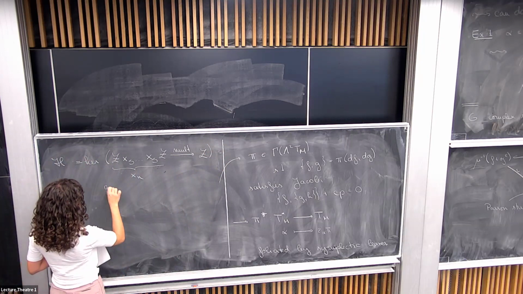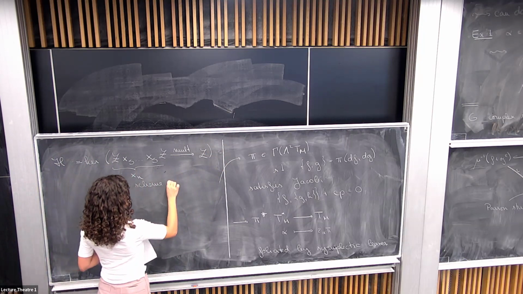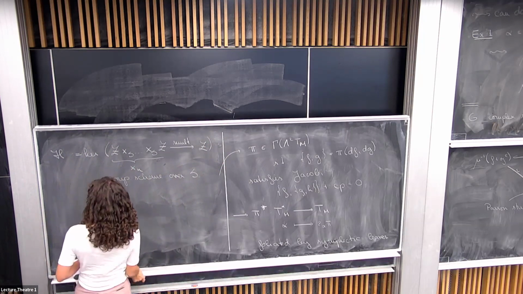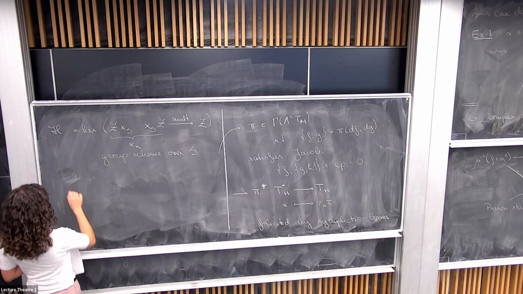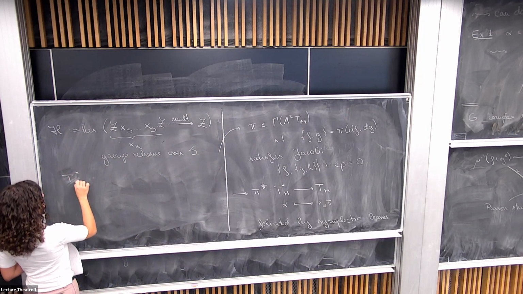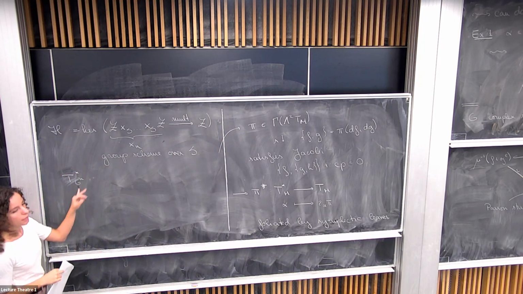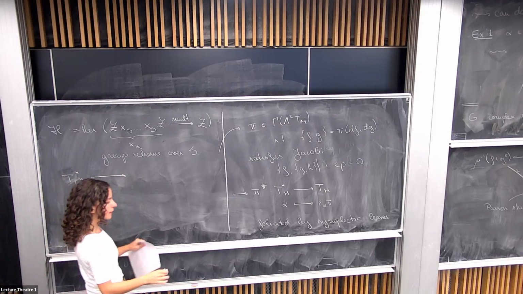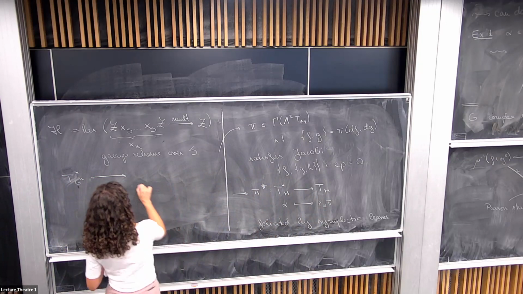So this is a group scheme over S. And what Ginzburg and Kazhdan proved is that if I look at the cotangent bundle of the product of n copies of the group, this has two actions of G to the n, one coming from left multiplication and one coming from right multiplication.